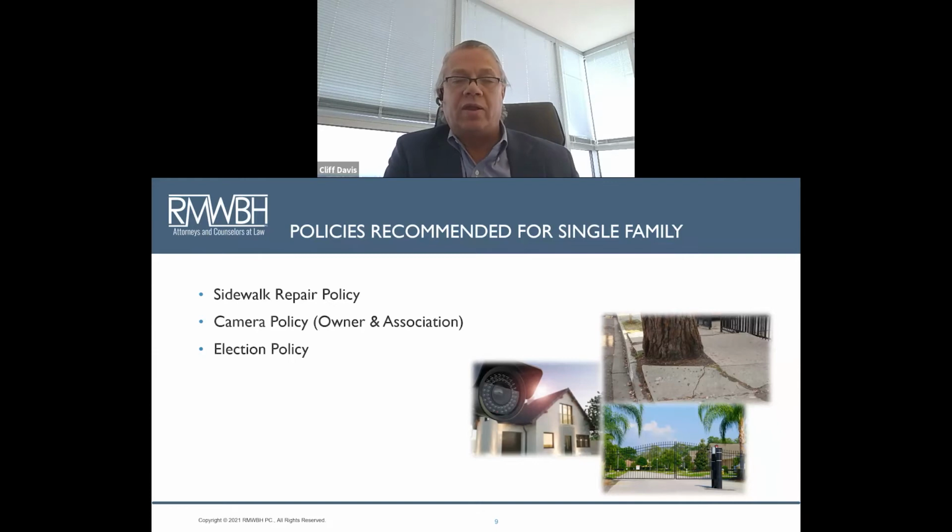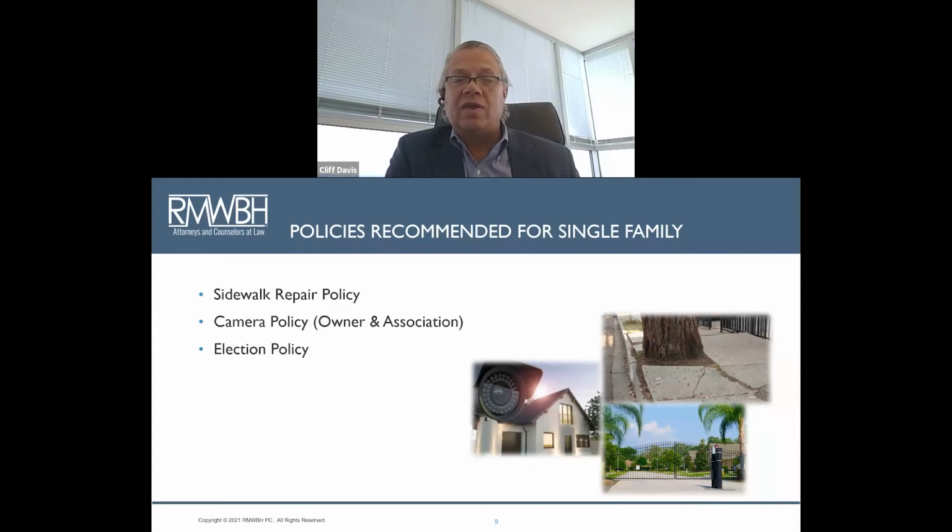And in order to prevent an association from being deluged with these records requests, because the camera footage is an association record, we can put in place a policy that says the only people that we will give camera footage to is law enforcement or under a court order, to try to avoid all these constant requests for people who are trying to see who's coming in and out of the neighborhood. So that's a policy that's out there.